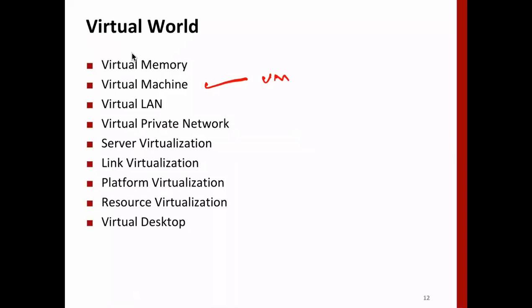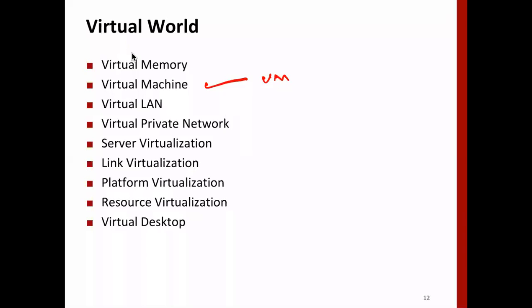Okay, what do we do in a VM when we create a VM? See, for example, I have a Mac Pro laptop, and that uses its own OS, which is Apple OS, which is based on Linux or Unix.